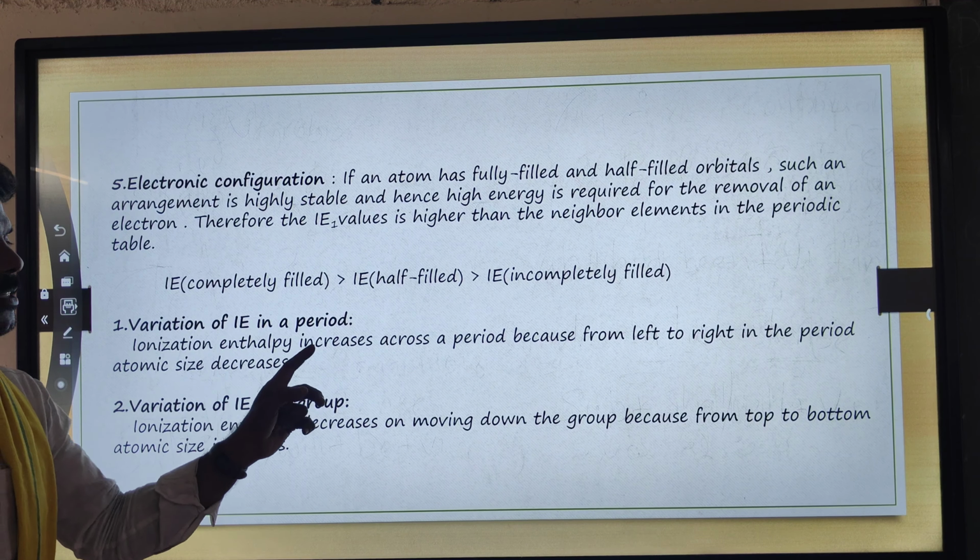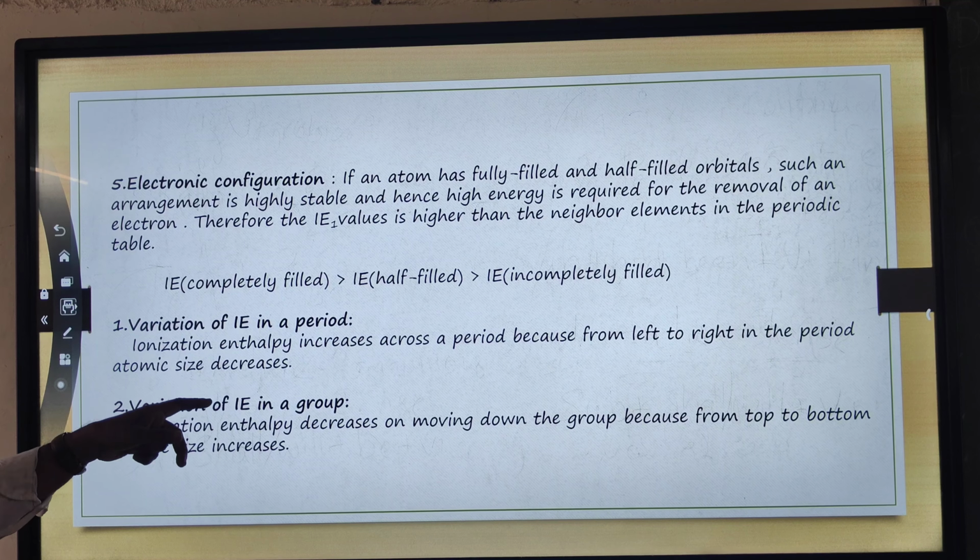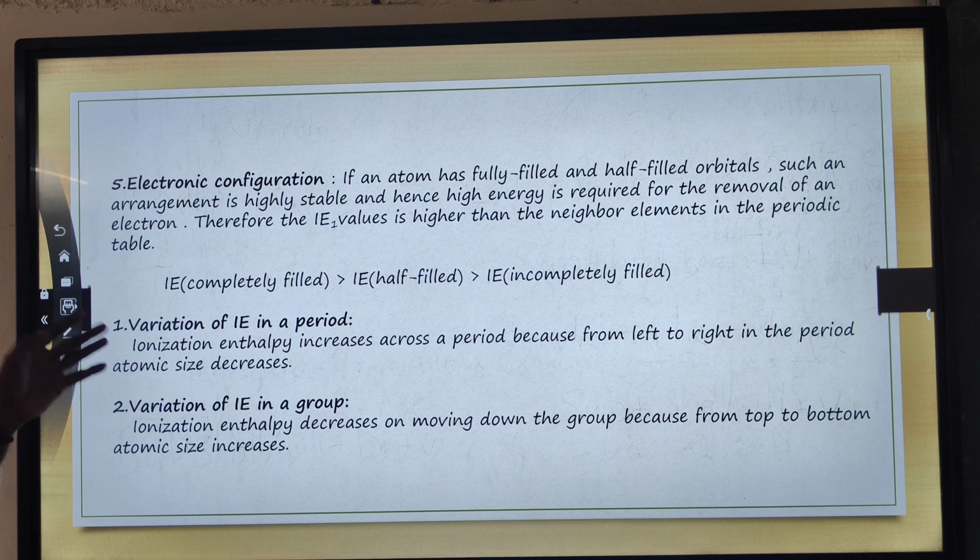So ionization energy is inversely proportional to atomic size. Atomic size decreases, so ionization energy increases. It is very easy to understand the variation of ionization energy in a period.